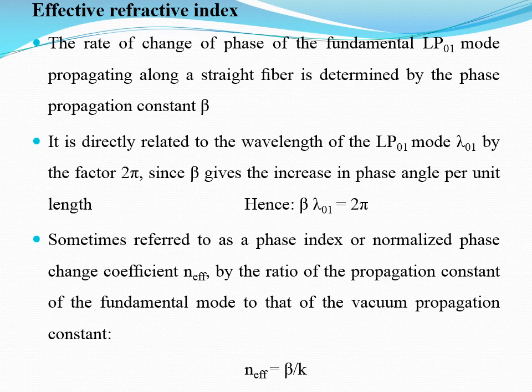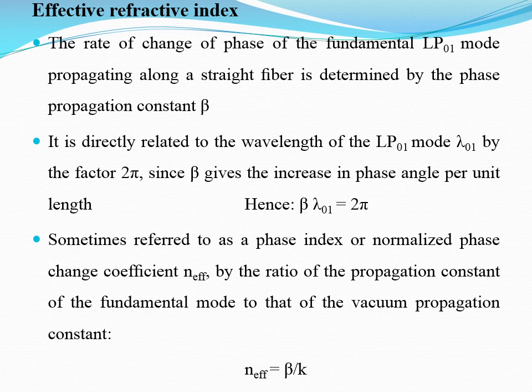Sometimes this is also referred to as the phase index. Effective refractive index is also termed the phase index or normalized phase change coefficient. We represent it as N effective, where N represents refractive index and EFF represents effective.